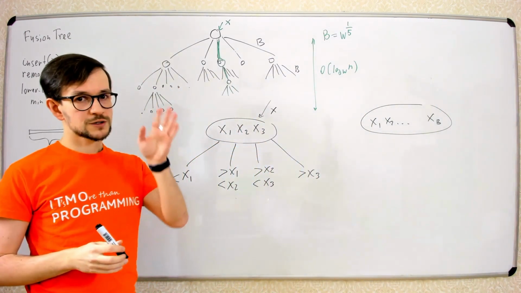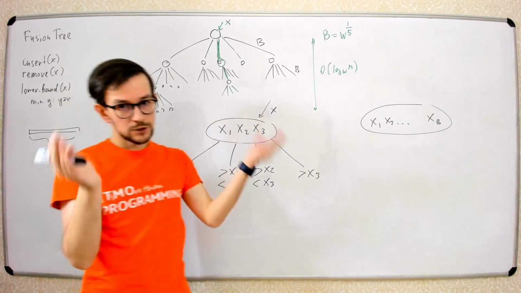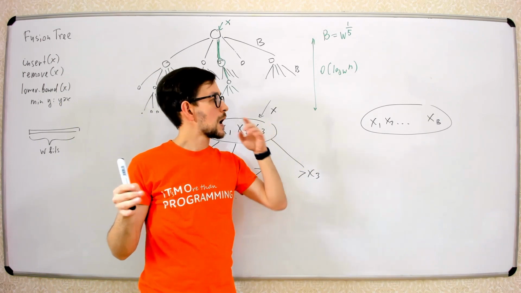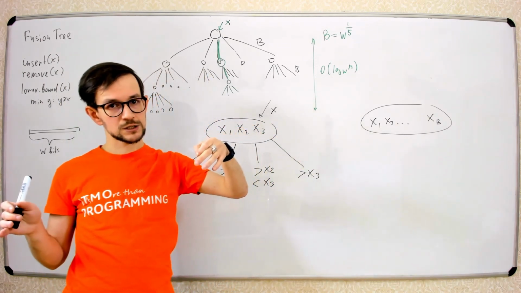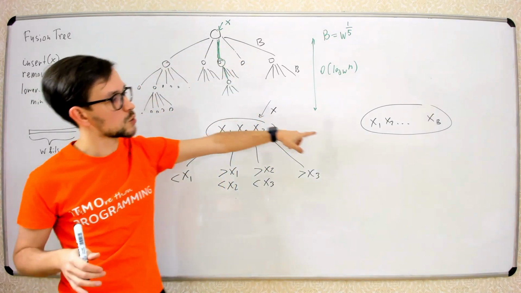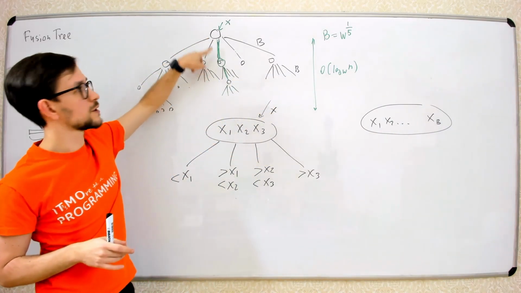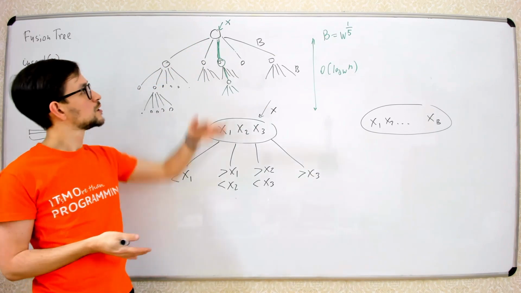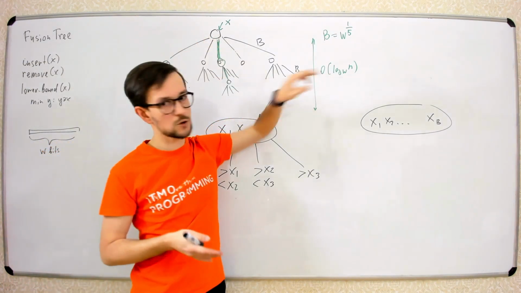I will omit all the unnecessary constants, right? So we have a node. In the node we have b keys. And we need to calculate the lower bound for the incoming value x inside this node. When we calculate the lower bound inside the node, we will select one of the children, then go there and do the same thing recursively. So the depth of this recursion will be the height of this tree. The height of this tree is log base W.